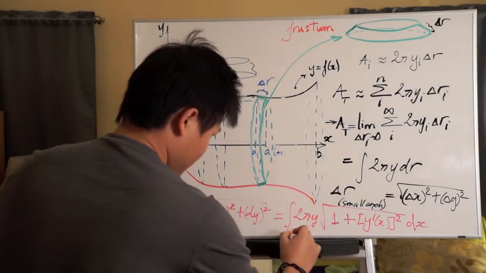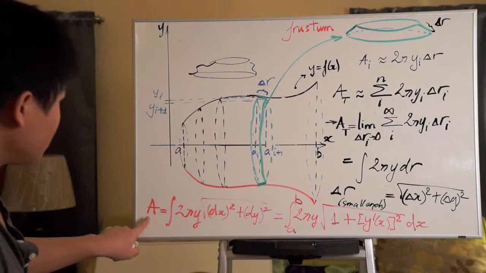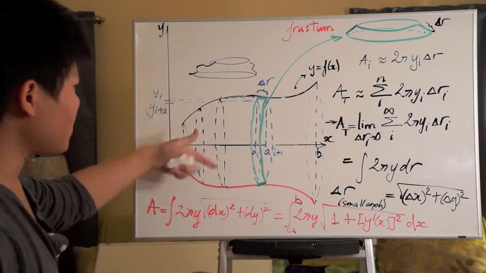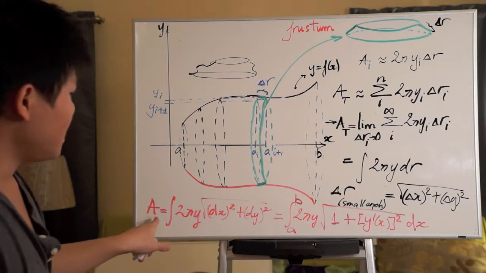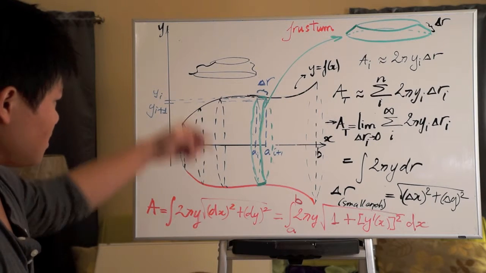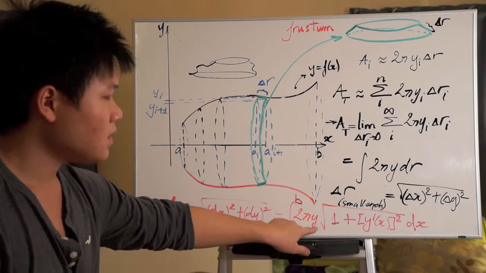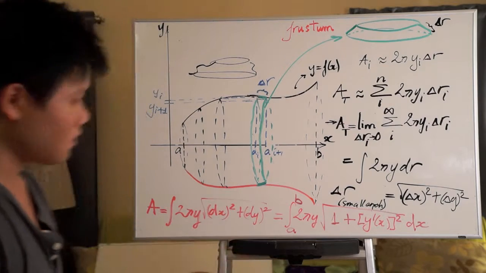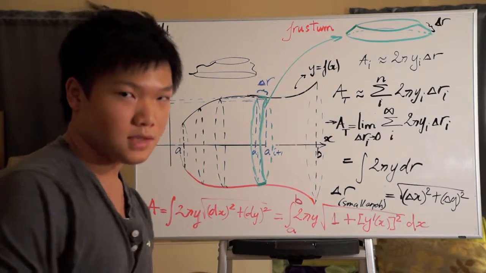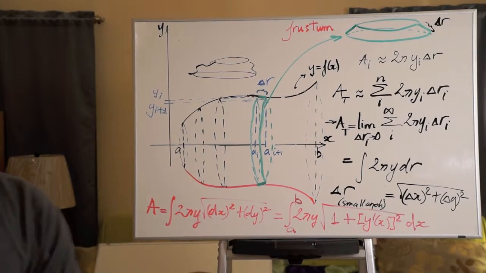And x goes from a to b. So this is the equation for the surface area of a function y equal to f of x rotating around the x-axis. Therefore the surface area A equals the integral from a to b of 2 pi y times the square root of 1 plus y prime of x squared, times dx. So that is our equation.